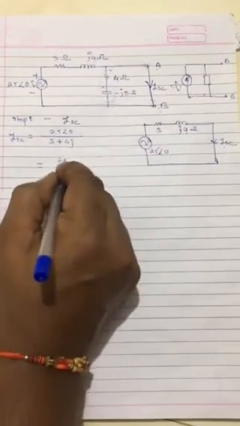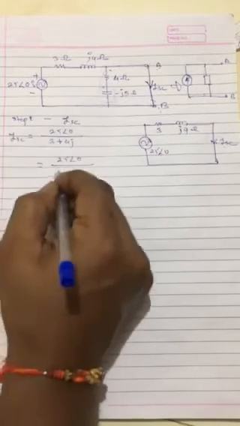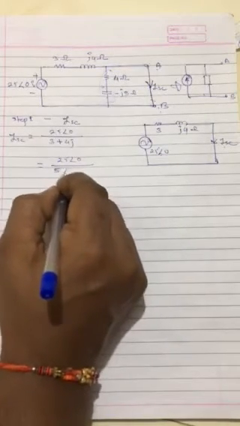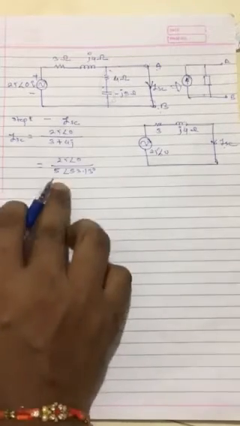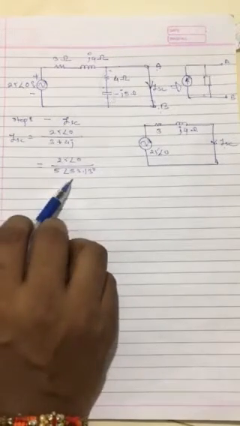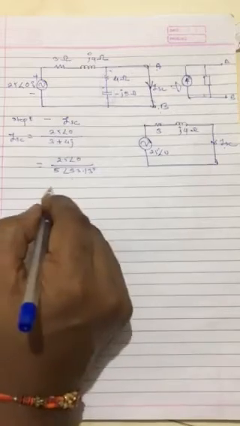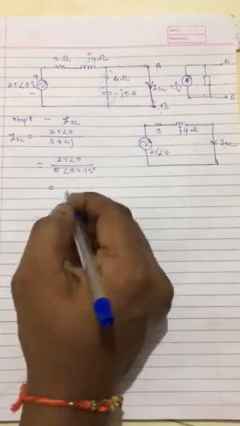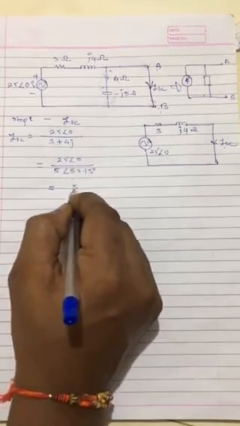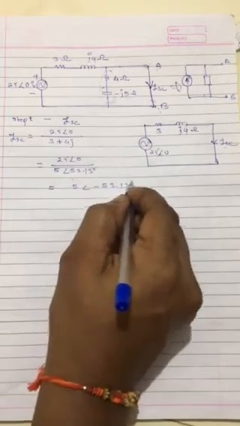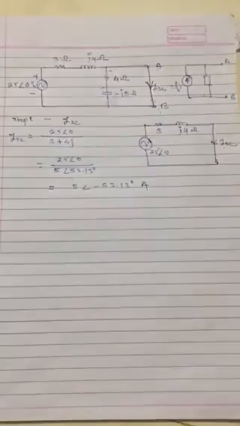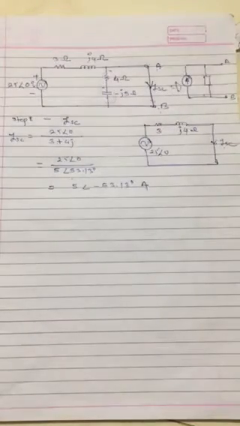The denominator can be written as 5 at an angle 53.13. You can get it in your calculator by putting it in rectangular form and converting to polar form. When you solve this, you will get 5 at an angle minus 53.13 ampere. This is how we got ISC.